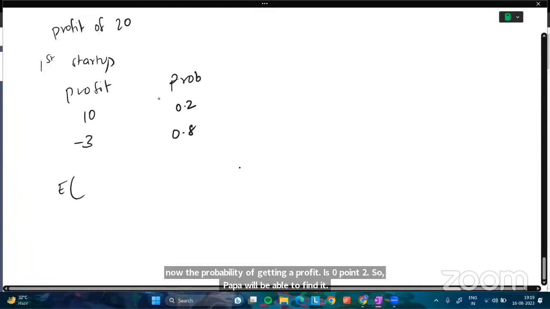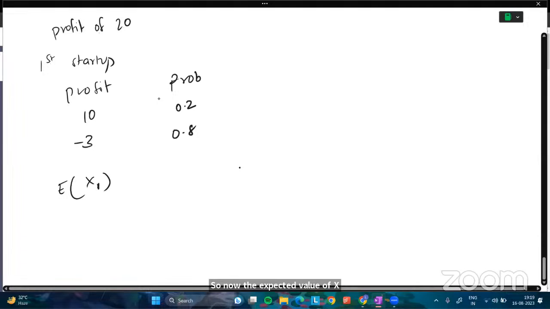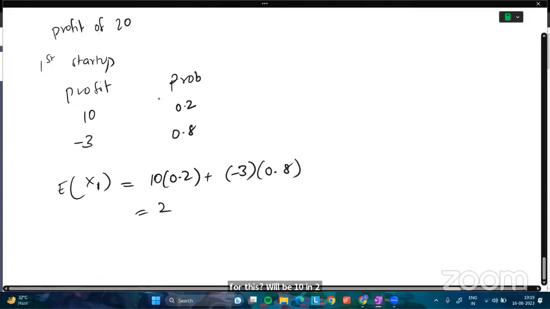So the expected value of x1, the profit for the first startup, will be 10 into 0.2 plus -3 into 0.8. So 2 minus 2.4. For just this one, you'll have a loss of -0.4.